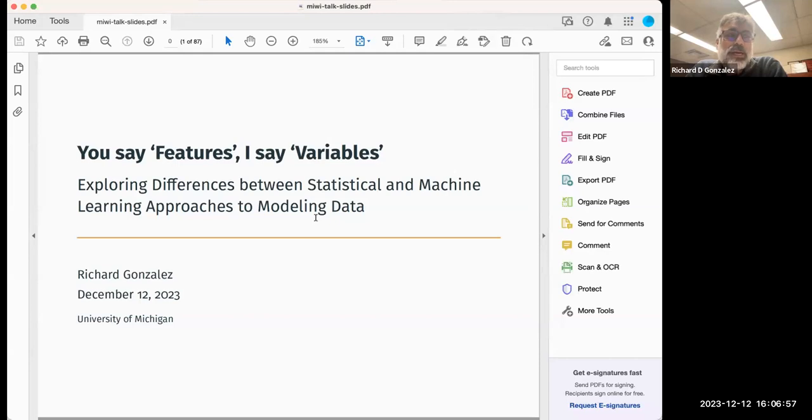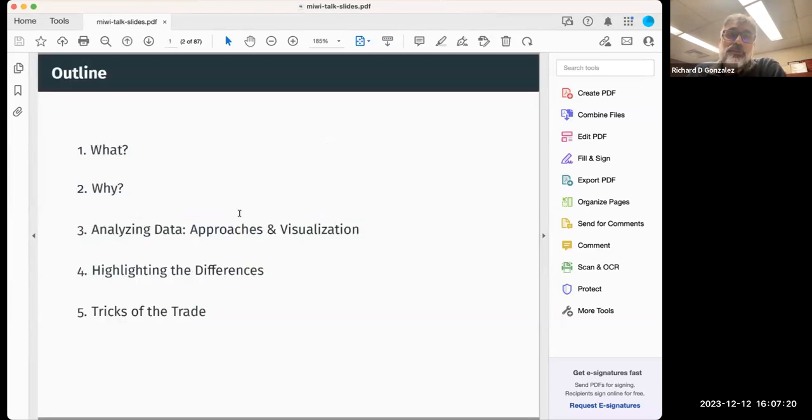And along the way, I'll highlight some conceptual differences in terms of goals and objectives that people have when they analyze data from a traditional statistical approach or from a machine learning data science approach. So for some of you, you might already be familiar with these terms, and that's great. But Bree was telling me that I should not assume much beyond a knowledge of regression. So that's what I'm doing today.